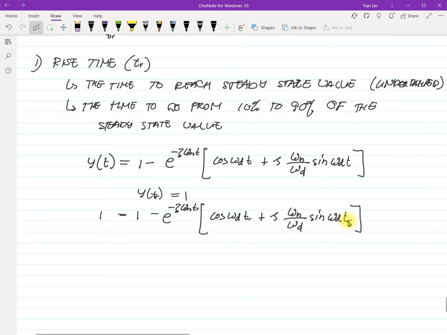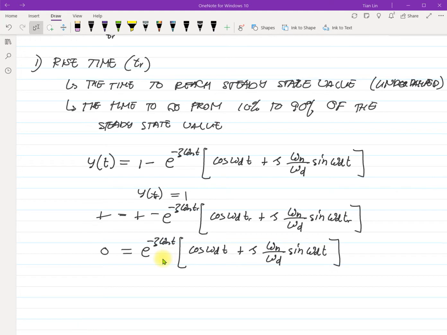So 1 and 1 will be 0. So this will be 0 equals this again. Let's copy this one. Then we can also divide both sides by this e, so this will be removed from the equation, and this is negative.